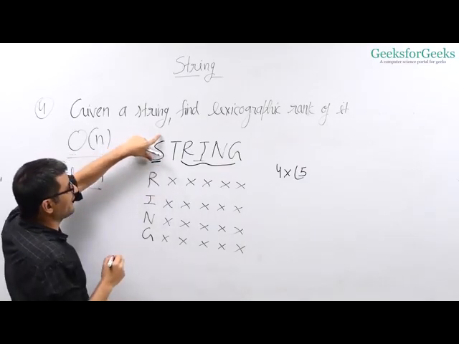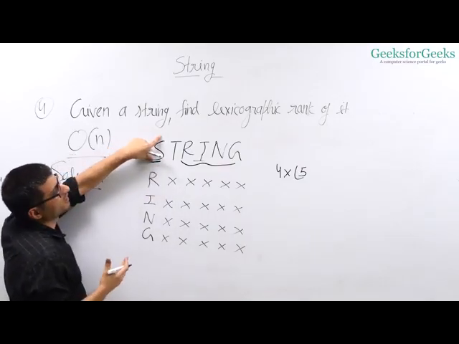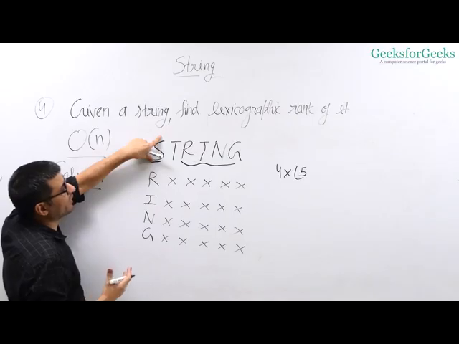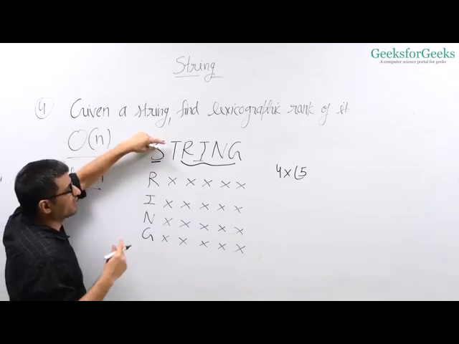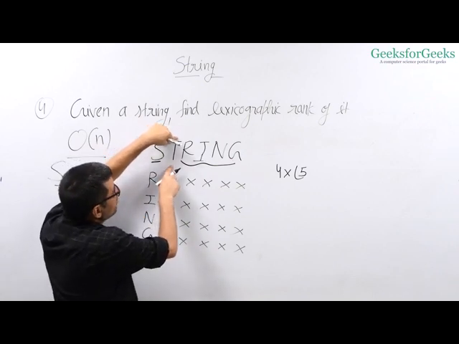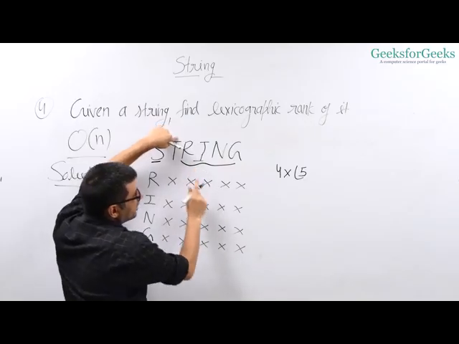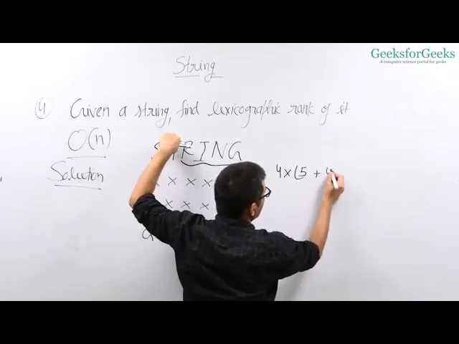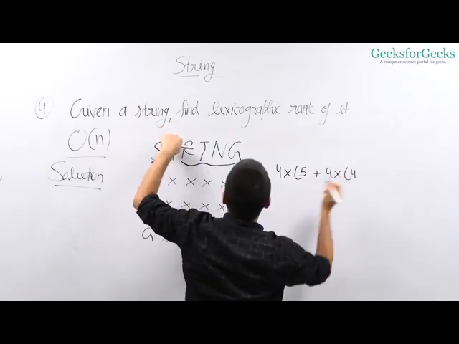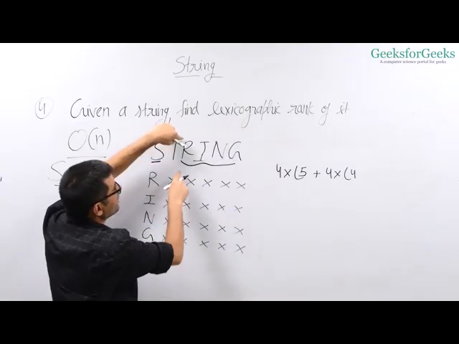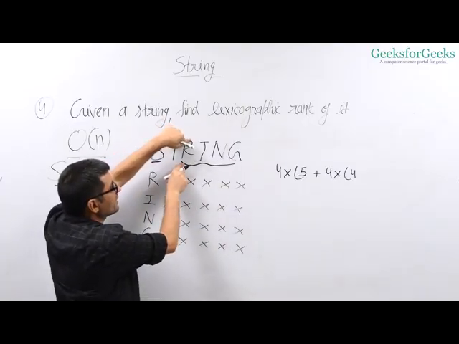Now I fix S, and I count strings which are lexicographically smaller and contain S as the first character. I come to T and I count how many characters are smaller than T. There are 4 characters smaller than T, so I have 4 into factorial 4. Now I come to R and I see how many characters are smaller than this.